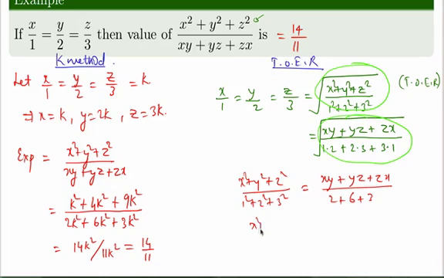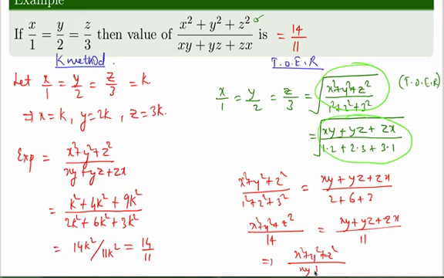So finally I get x square plus y square plus z square upon, this will become 14, 9 plus 4 plus 1, is equal to xy plus yz plus zx upon, this will become 9, 10, 11. So cross multiplying, I'll get that x square plus y square plus z square upon xy plus yz plus zx is equal to 14 by 11. So by the same method we have got the same answer with a different method. So this was about theorem on equal ratios.